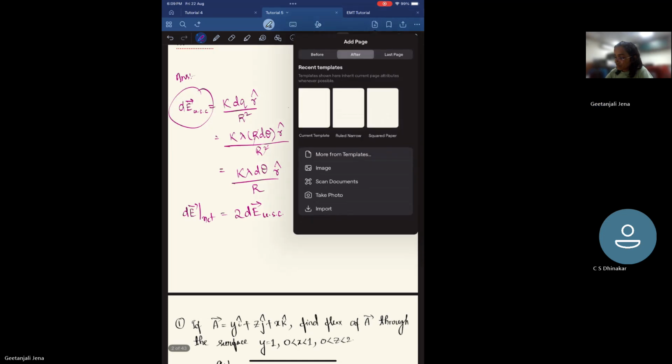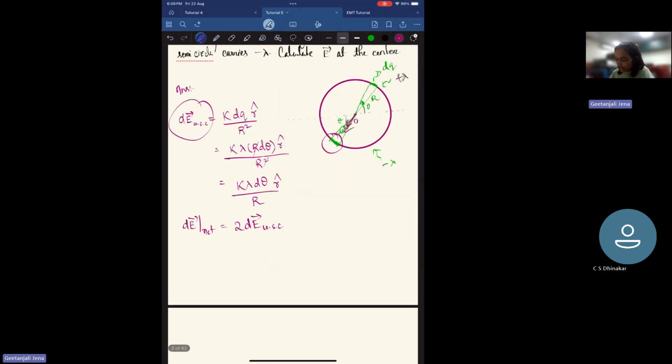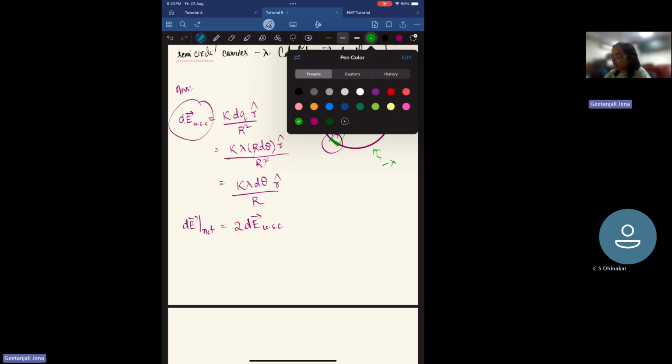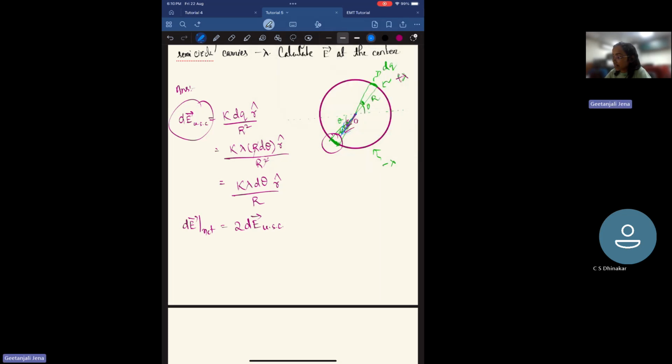Okay. Now we'll see whether there is a symmetry in the electric field or not. If you see, for this direction the electric field can have this component or the perpendicular component. But this component will cancel with the field due to the opposite element. That is why we will have only the electric field in the perpendicular direction.